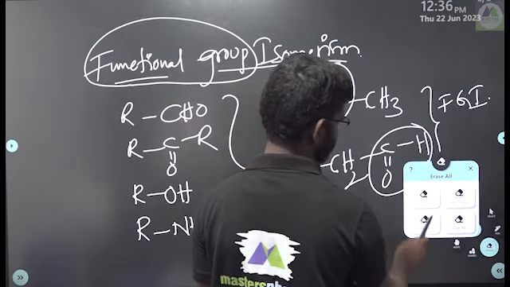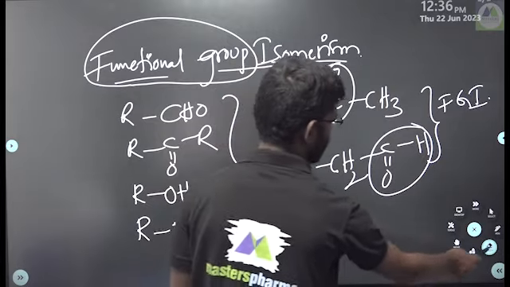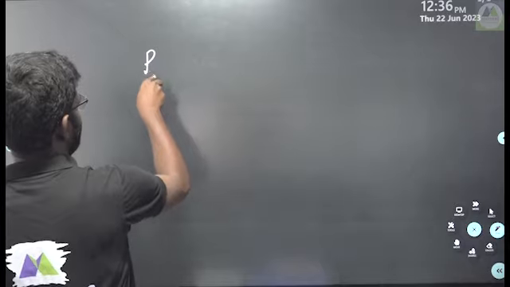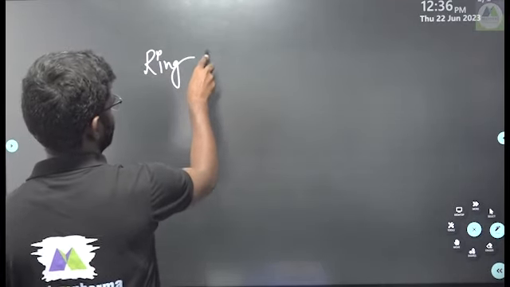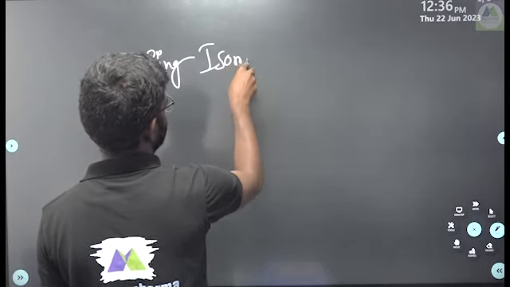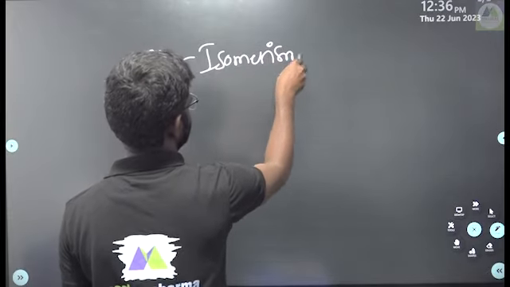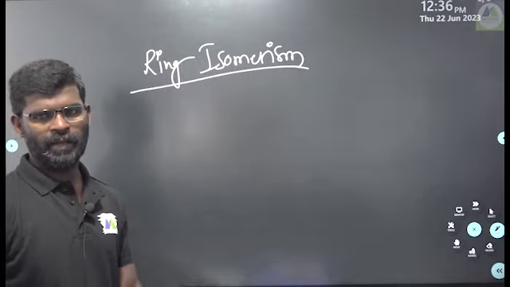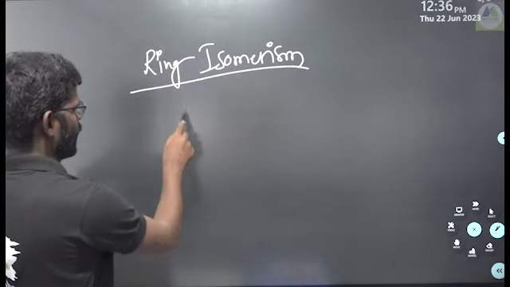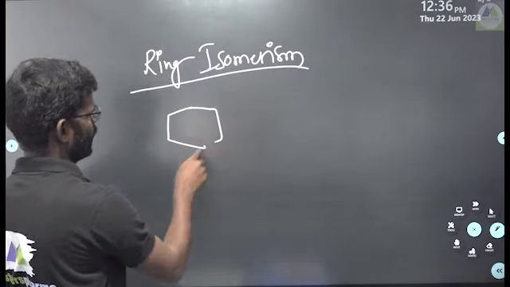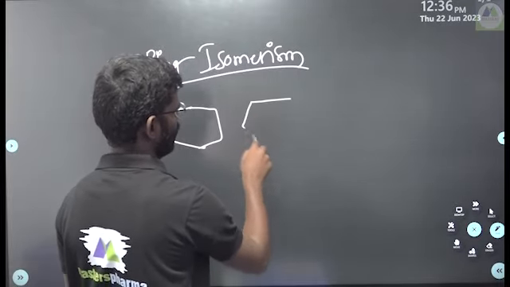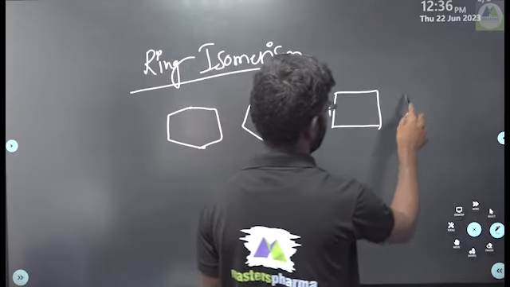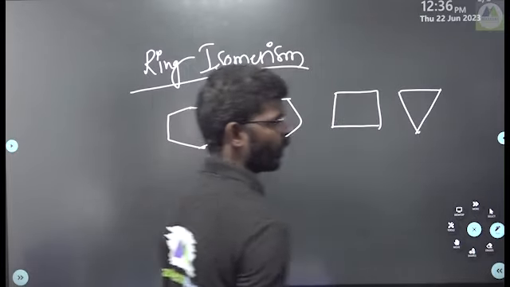Next classification: ring isomerism. This is very rare, but it may be present, right? See carefully here. This is cyclohexane. This is cyclopentane. And this is cyclobutane. This is cyclopropane.